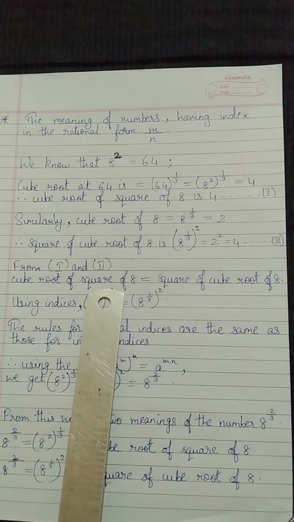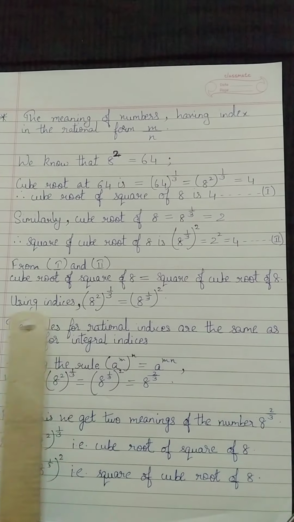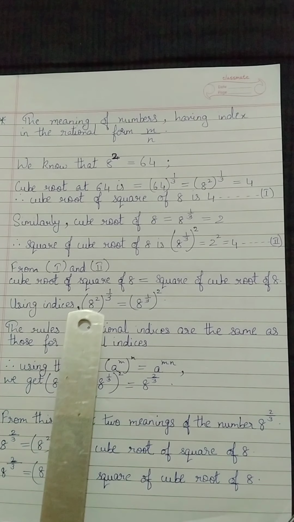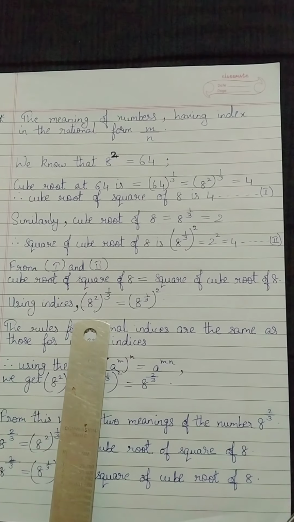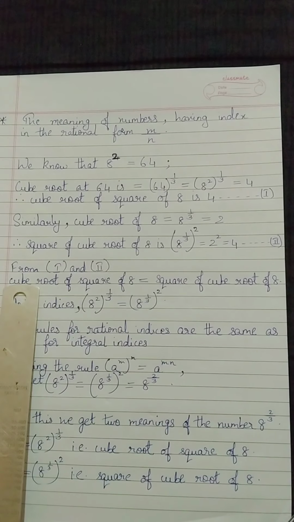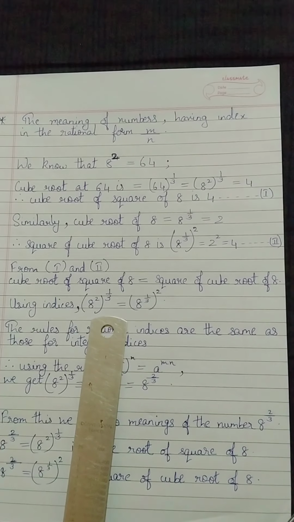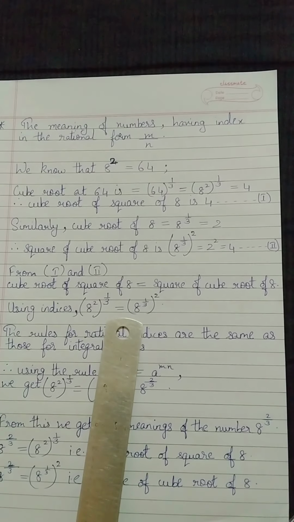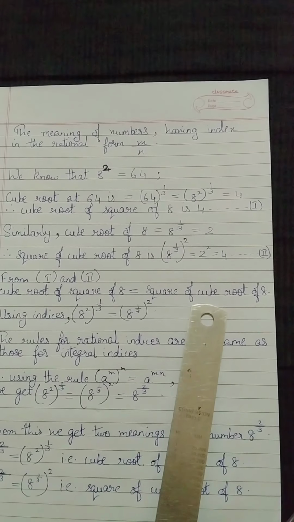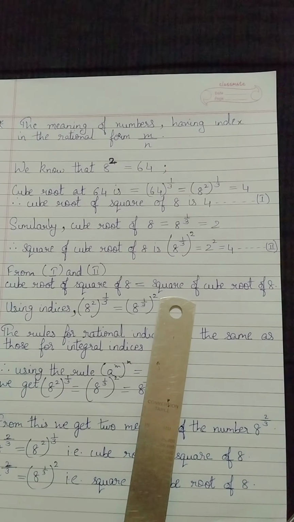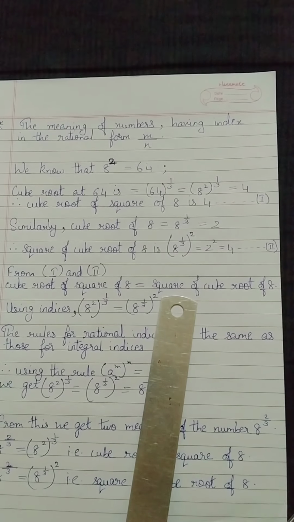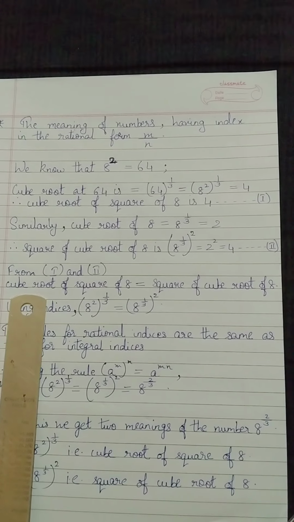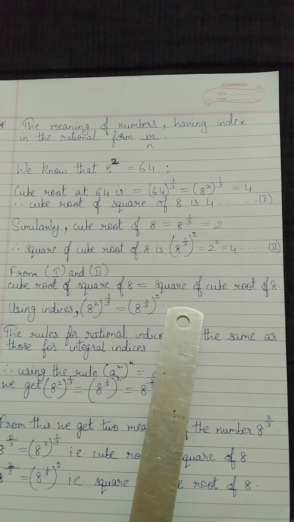The cube root is the first part, so that will come outside the bracket, and it is the square of 8. So using indices, 8 square in brackets raised to 1 upon 3, that is cube root, is equal to the square of the cube root. Here the square comes first, so that will be outside the bracket. Here the cube root is first and here it is square.